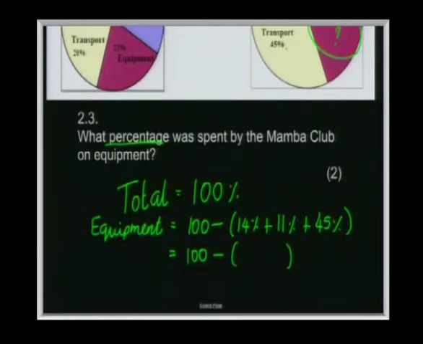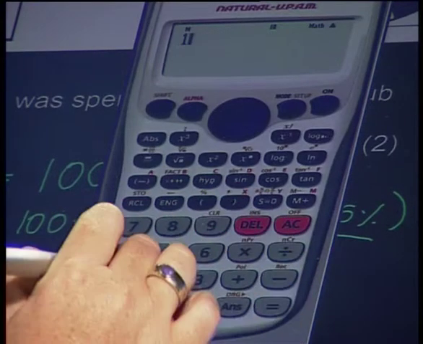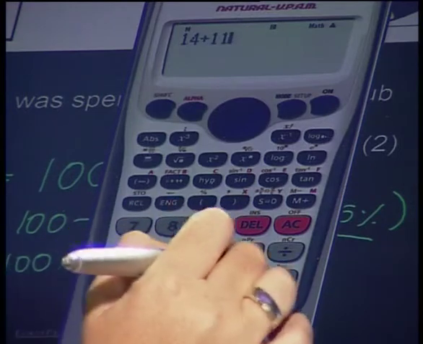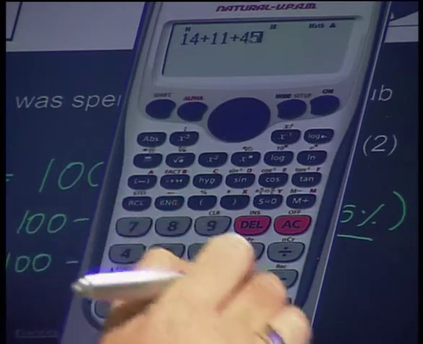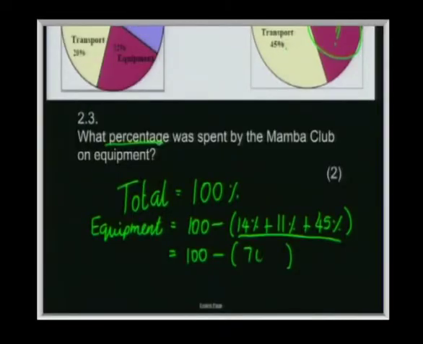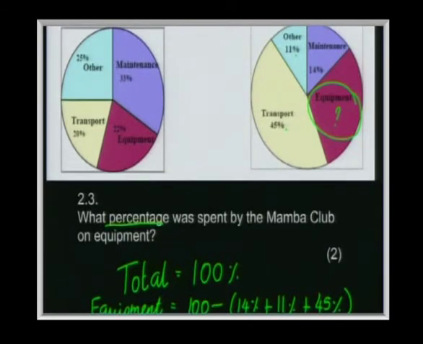I'm now going to work out what all of these added up together are. And if I do that on my calculator, it's going to be 14 plus 11 plus 45, which gives me a total of 70. 100 take away 70, which gives me 30%. So then I can see that my equipment is going to be 30%.